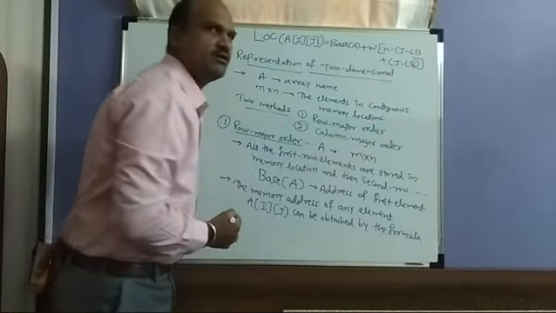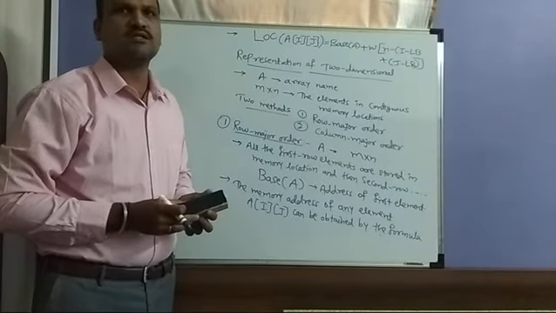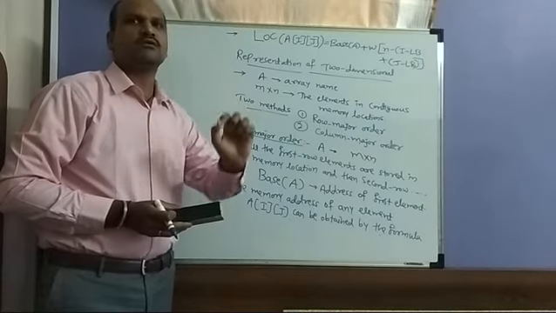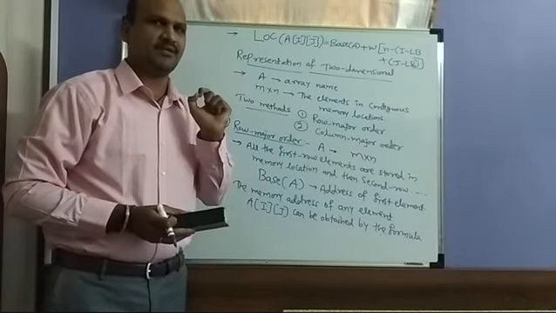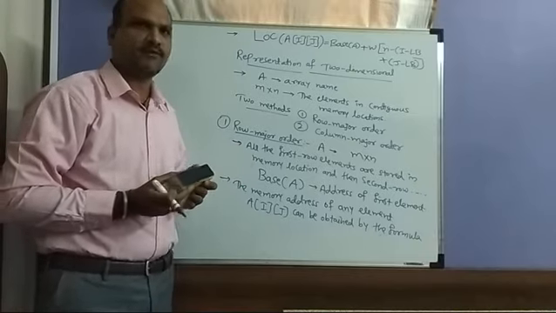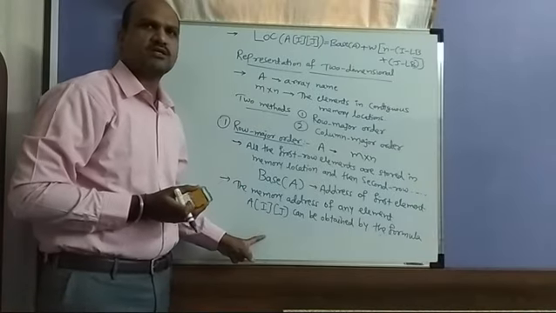This is the formula for row major order, where W is the memory for one word as you are storing in contiguous locations of memory.